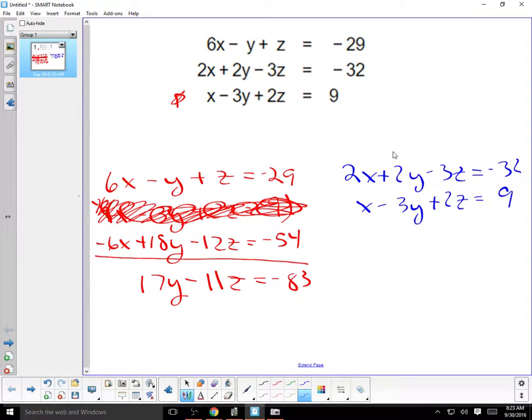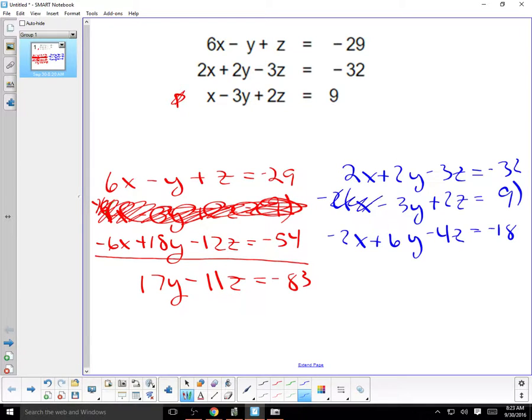Let's go to the other side. If I'm going to cancel the x's, I need to make this bottom equation negative 2 times smaller. So that's going to produce negative 2x plus 6y minus 4z is equal to negative 18. So I'm going to check my math there real quick. Yeah?